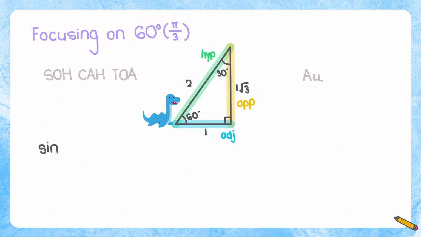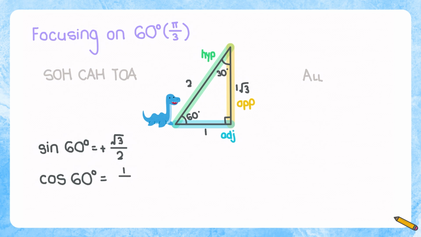So sine of 60 degrees is the opposite side over the hypotenuse. So in this case, that would be radical 3 over 2. And we're still in quadrant 1, so this is positive. Up next, cosine of 60 degrees is the adjacent side over the hypotenuse.